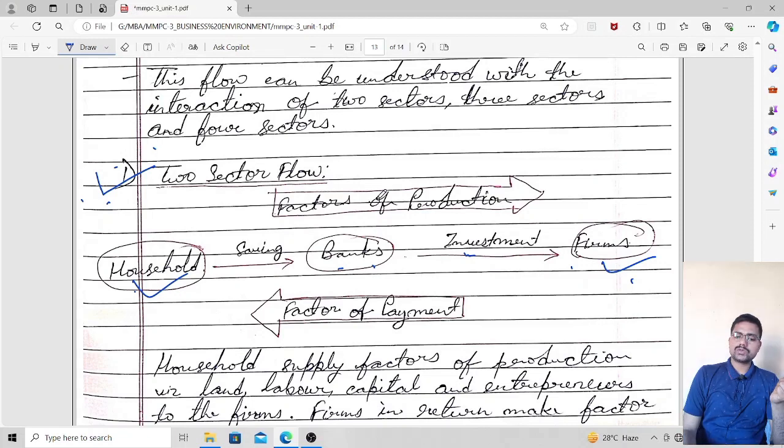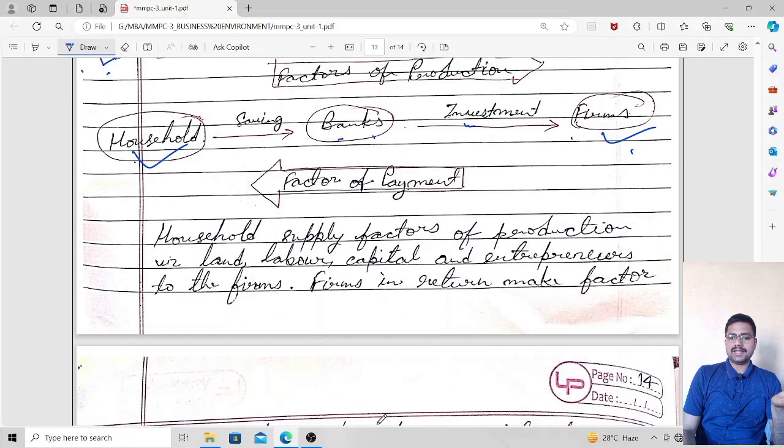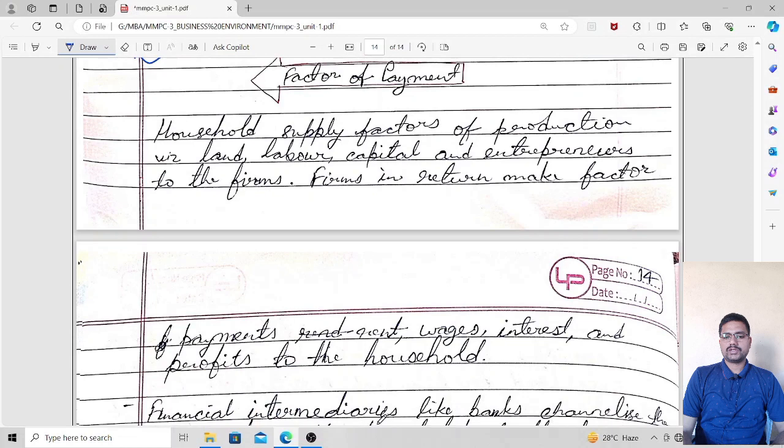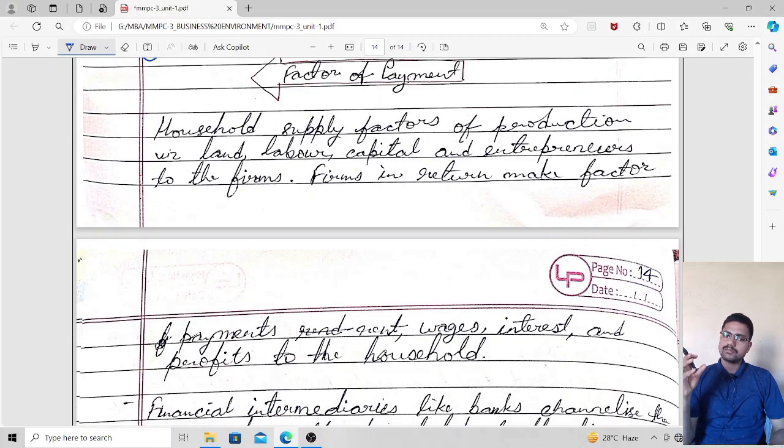Households supply factors of production, that is land, labor, capital, and entrepreneurship, to the firms. Firms in return make factor payments, like rent, wages, interest, and profits, to the households.